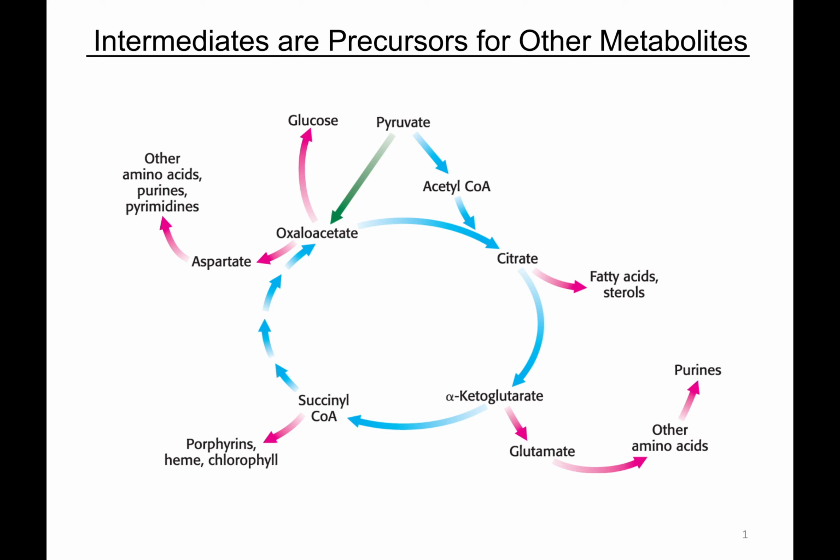All right, so we finished up with the TCA cycle. The first couple slides here are just reminding us of some aspects we finished up with. Remember, it's really important for the cell to maintain constant concentrations of all of these TCA cycle intermediates. If we don't maintain these concentration levels, then the cycle can't function properly.